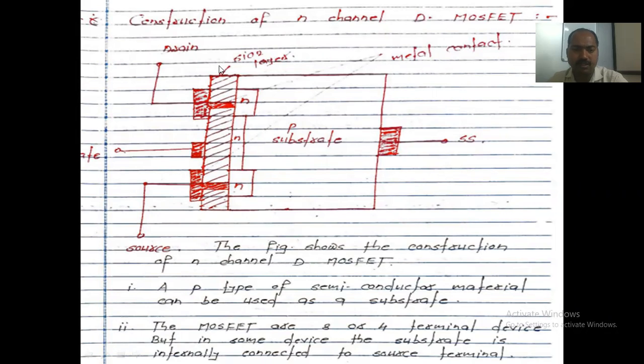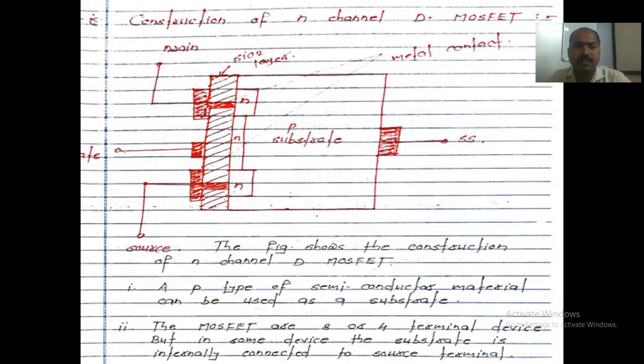Due to the SiO2 layer, whatever component is connected here is not directly connected to the internal part. Drain, source, and gate are not connected directly. They are connected through this SiO2 layer.